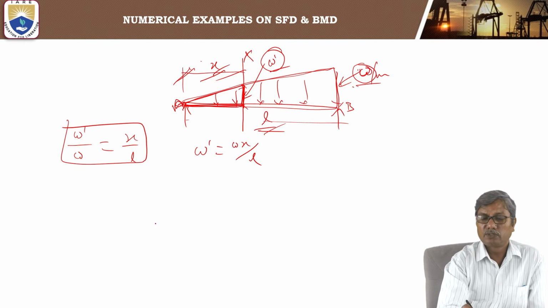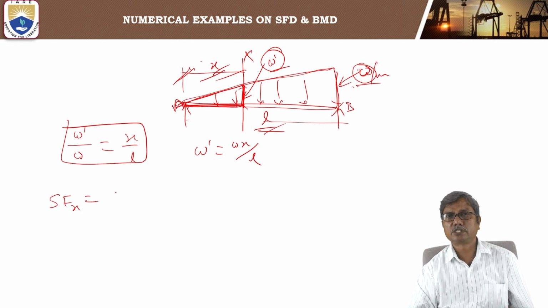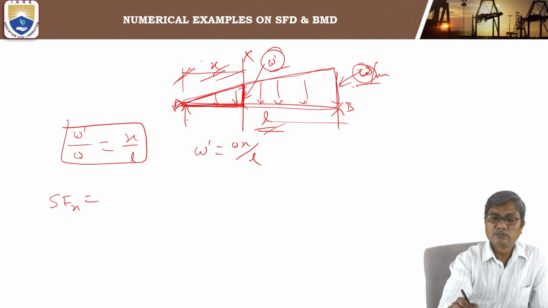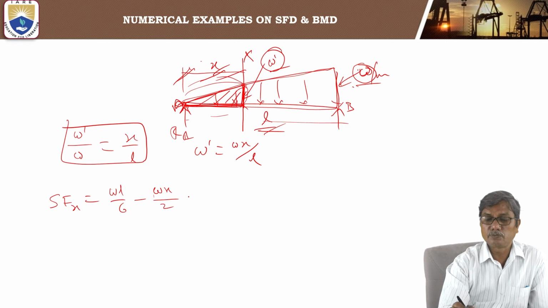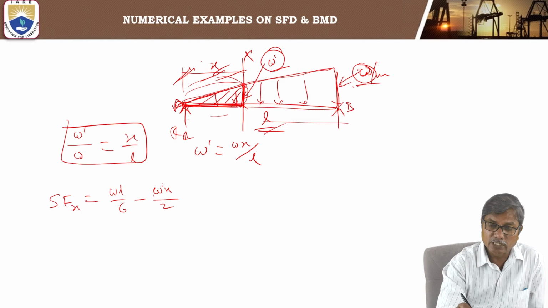Knowing this, we now find the shear force at section x. Considering the left hand side, what is the shear force at x? RA, that is WL by 6, minus the UVL acting to the left, the area of the triangle, which is W dash into x by 2.